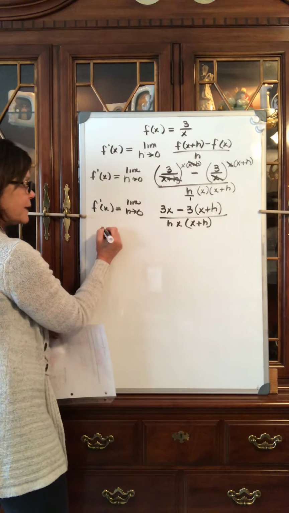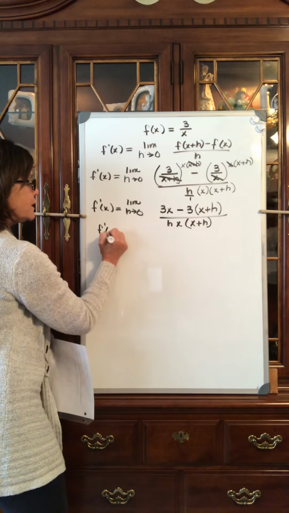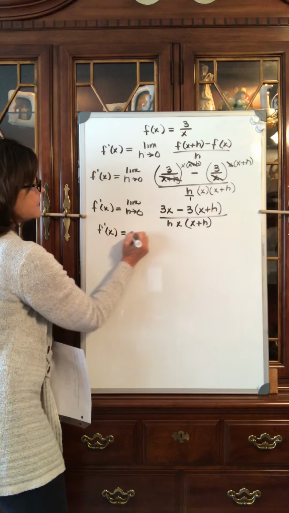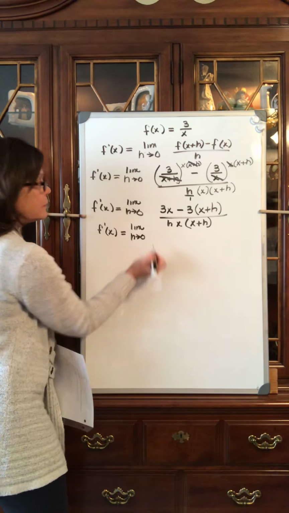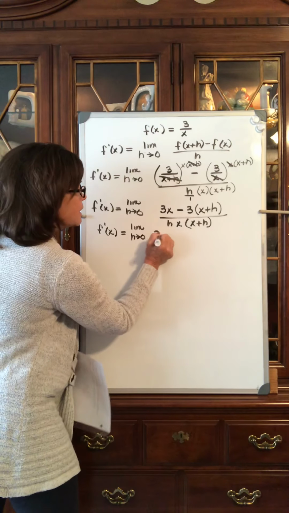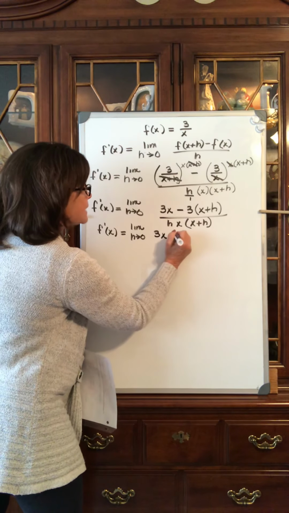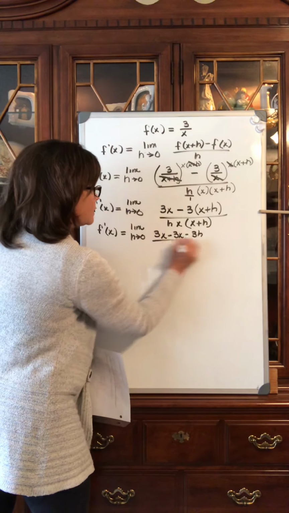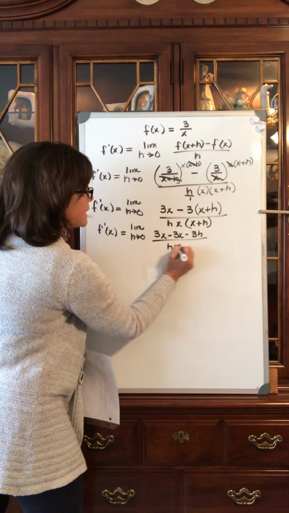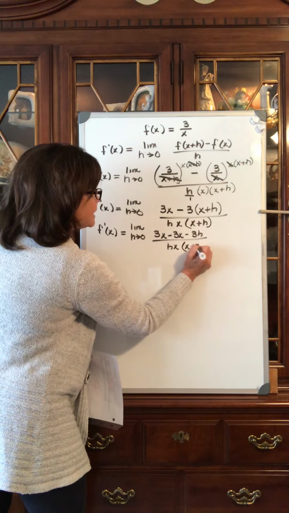I'm going to simplify the numerator. The first derivative, f prime of x, is equal to the limit as h approaches 0 of, distribute the negative 3, 3x minus 3x minus 3h over h times x plus h.